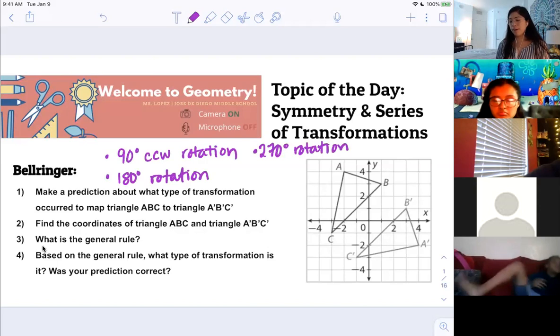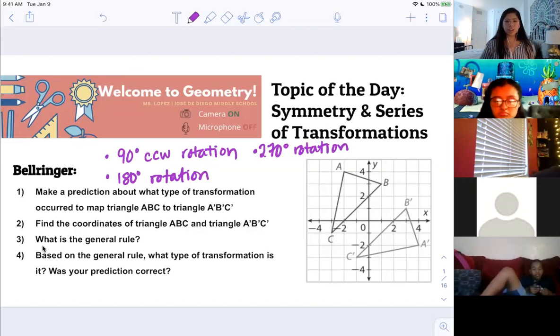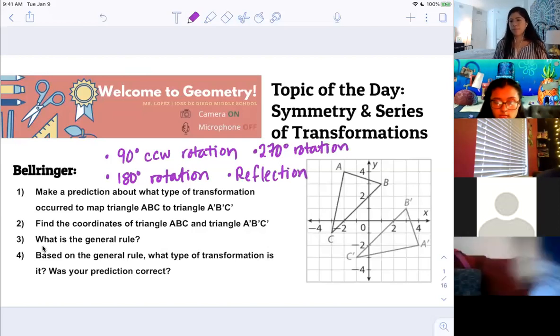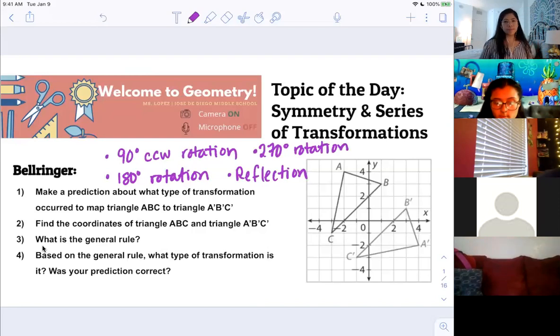Think back, we've learned about different types of transformations, not just rotation, but there's all the other ones. A reflection? Reflection, okay. What type of reflection? Or even if you don't know the type.